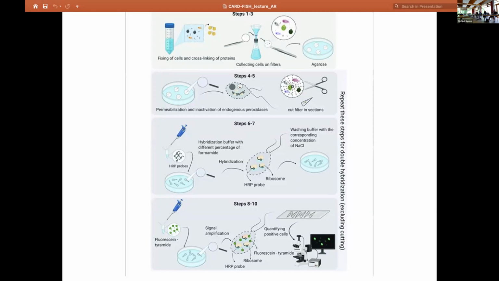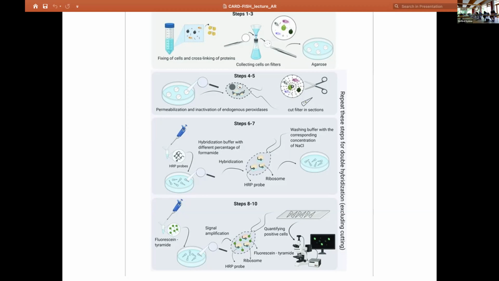And then we cover the membrane with agarose, and then at that step there's a permeabilization and inactivation of peroxidase, okay? Depending on your target organism, you need to permeabilize your cells or not. Okay, for eukaryotes, you don't do that.